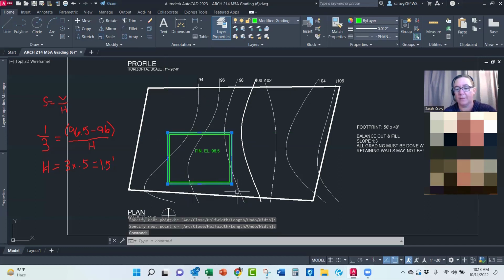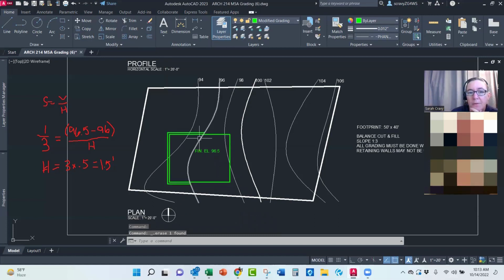Then I'm going to erase the one that was just a guideline. So check it out, 96, this was the old one, and it went through our building. This is the new modified contour line. It's going to come this way, this way, that way, and be done.